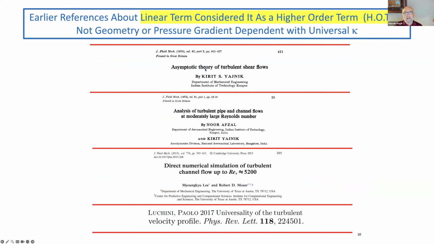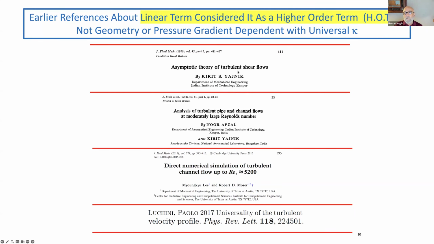Is this new? Actually, it isn't. You can go back to 1970 in JFM, there's a paper by Yajnik. He and his PhD student then, who is now a professor, Nur Afzal, wrote another paper. Both of these papers are very hard to read, really difficult to read. There is a simpler reference to it even in Lee and Moser. And more recently, Paolo Luchini has a Physical Review Letter that brings it up.